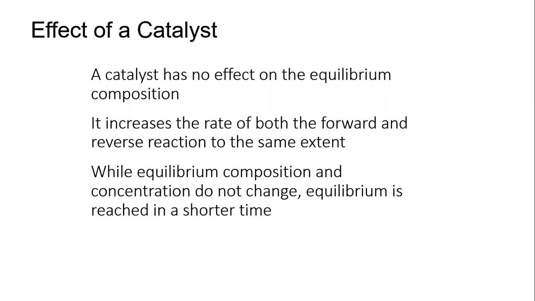So it doesn't prefer one reaction or the other. It just lowers the activation energy so that you can get to the forward or the reverse reaction easier. So anytime you use a catalyst, it doesn't affect equilibrium. The only things that affect equilibrium are, again, concentration, pressure, and heat.